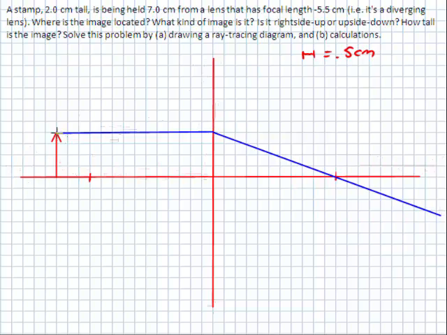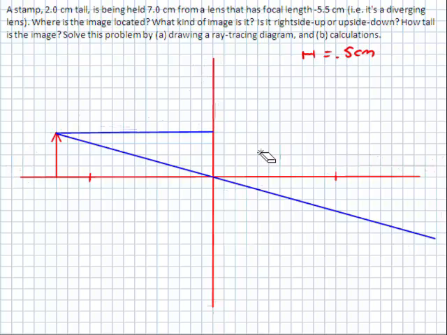Our central ray. And my parallel focus ray I messed up on. This is a diverging lens, so the ray is going to bend away from the axis, so that it appears to be coming from this focal point.